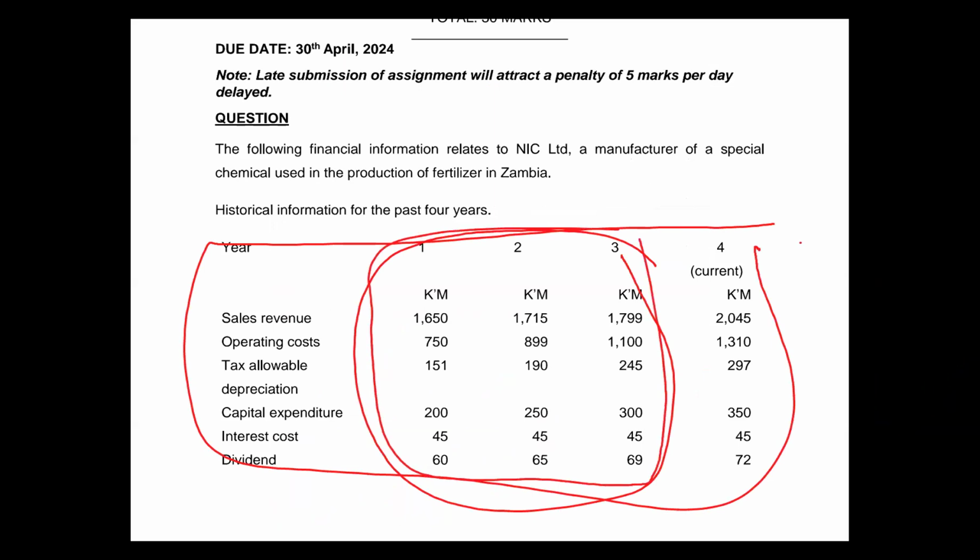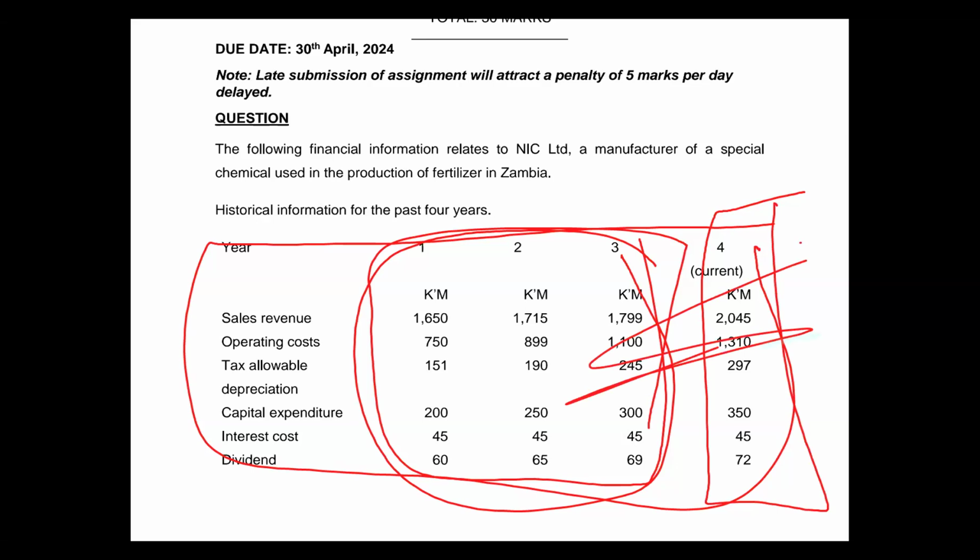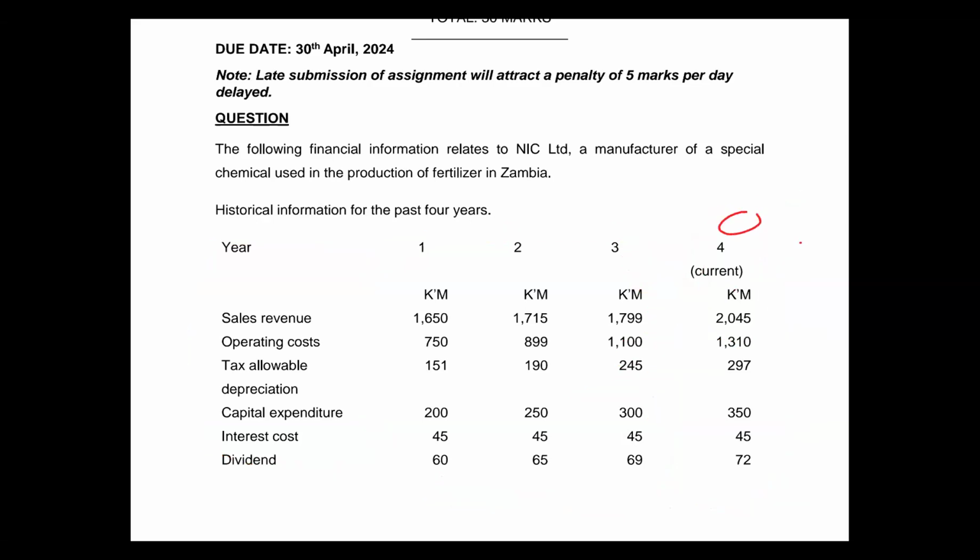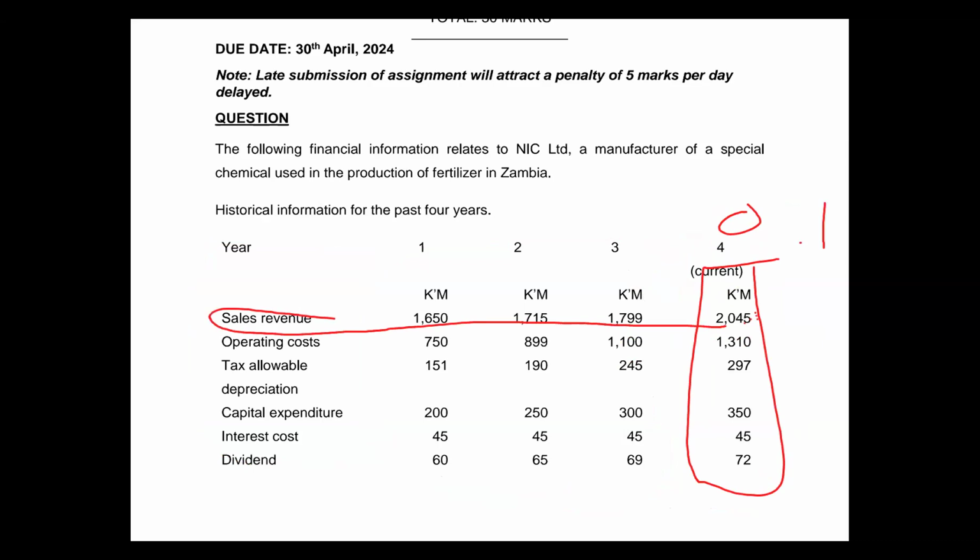What is more important is the current data that you're going to grow at those rates so that you can project. This will be your year 0. To find the next year, you grow these, for example the sales, at 5% to get year 1, at 5% again for year 2, year 3, until year 4. You understand, right?